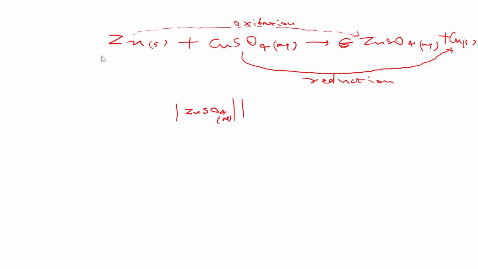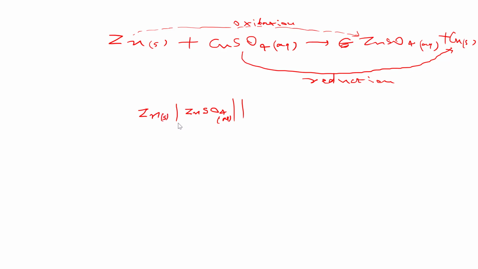Then you can see there is no species that is gaseous in the anode part here, so we are not writing any gaseous species. Then what we write here is the solid species. Which species is solid and present in the anode part here? Zinc. So here we mention the zinc solid. Got it?